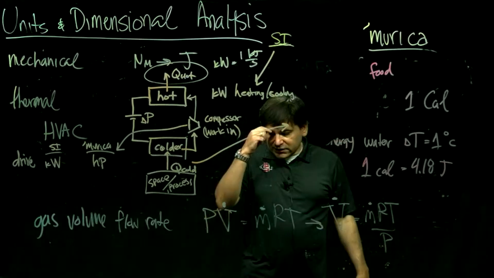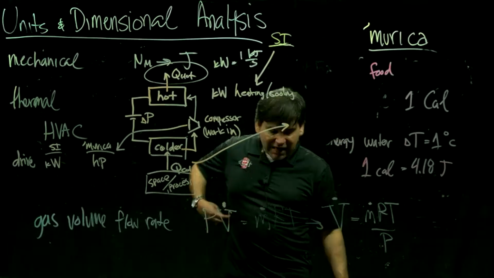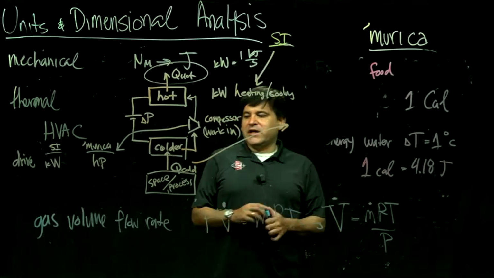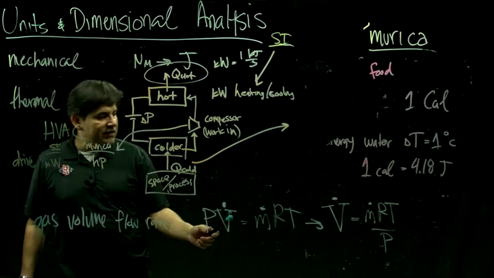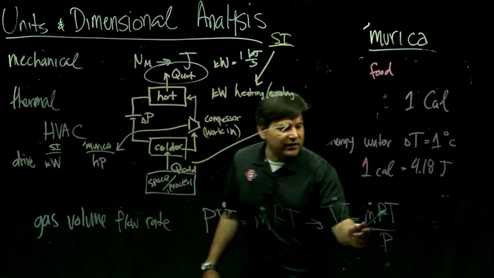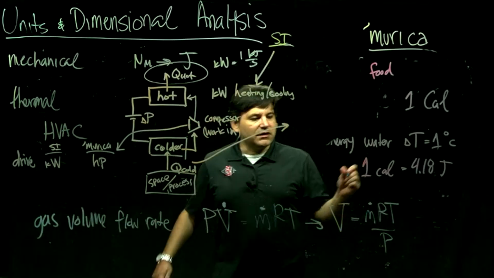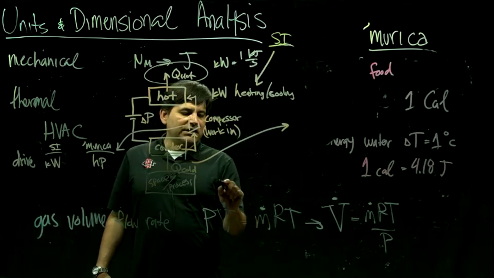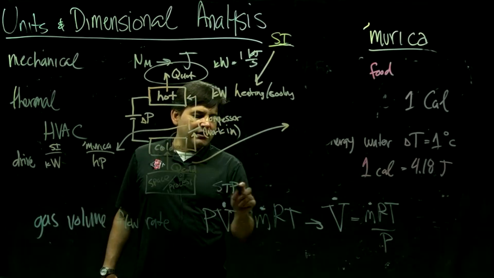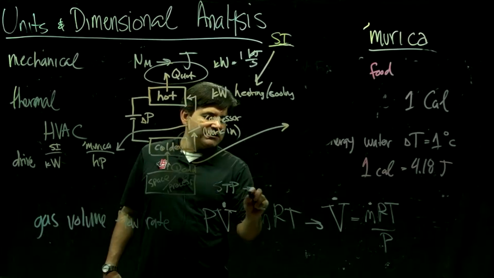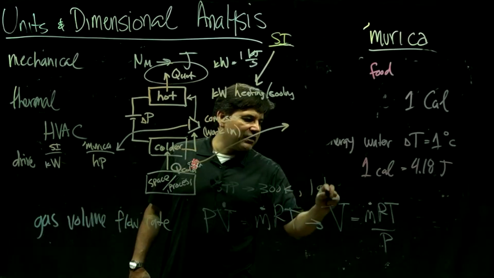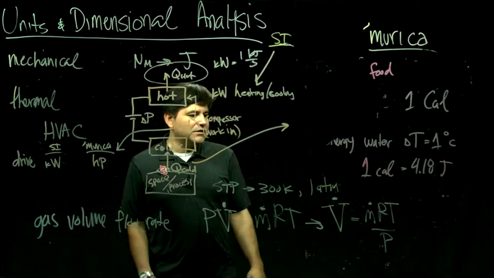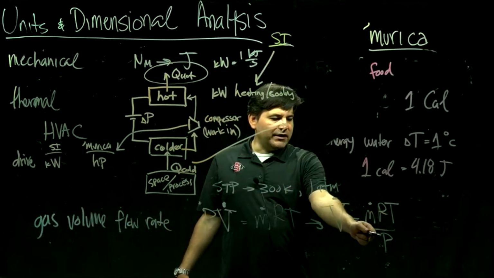That's why it's important that when you're talking about gas flow rate, you should also specify the temperature and the pressure. That's why you often see standard in front of this, S. STP, there's different standards. I use 300 Kelvin, 1 atmosphere.